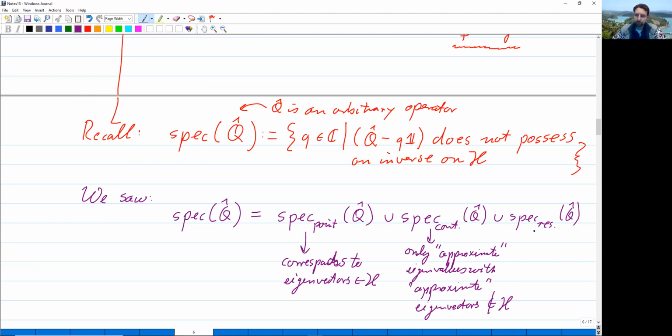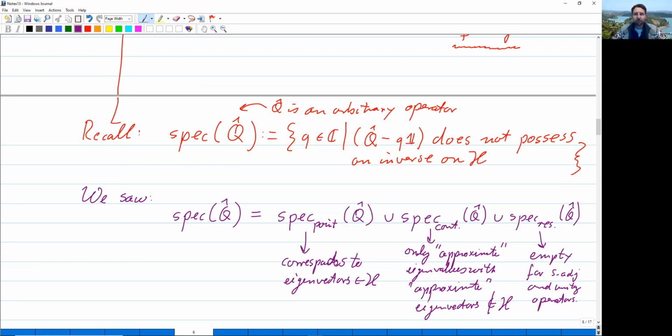And the residual spectrum is empty. It has no elements for self-adjoint and unitary operators. So we will generally not worry about the residual spectrum.